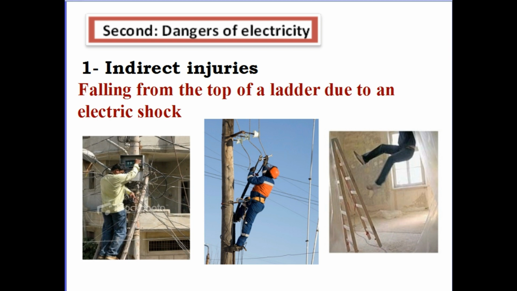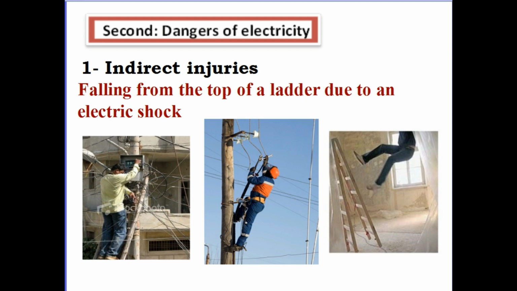So due to this shock, the person will fall down from the high place, for example the top of a ladder, and after he falls down he's going to suffer from another problem.